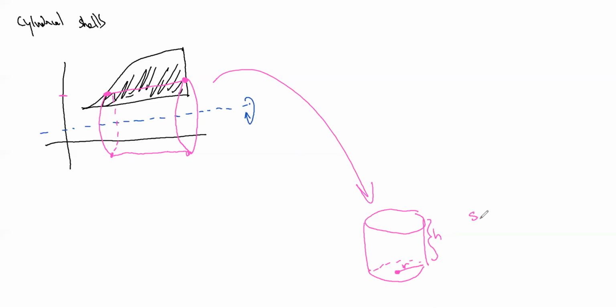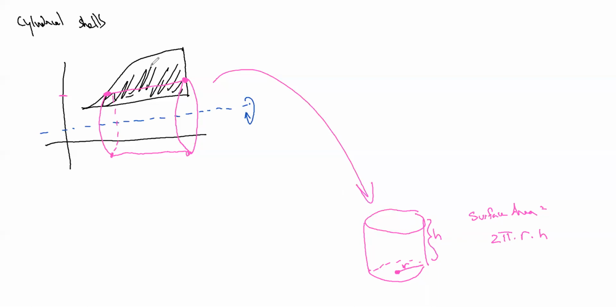And the surface area of a cylinder is just going to be 2 pi times r times h. 2 pi times r gives us the circumference of the bottom, and the circumference of the bottom times the height is giving us the total surface area.